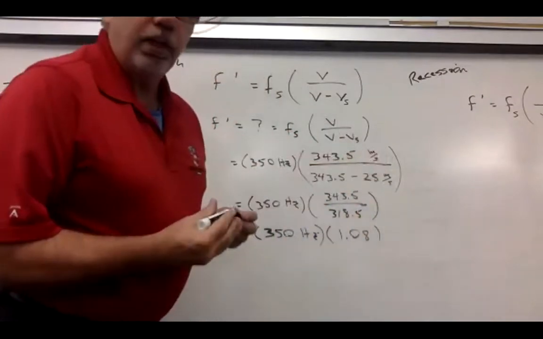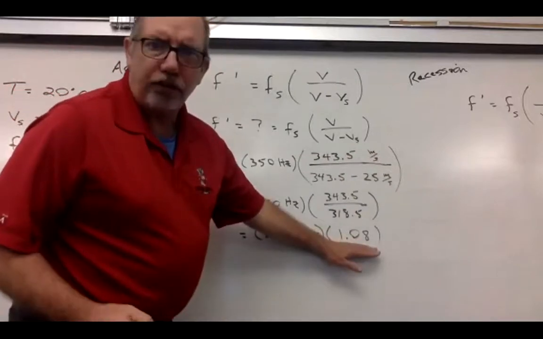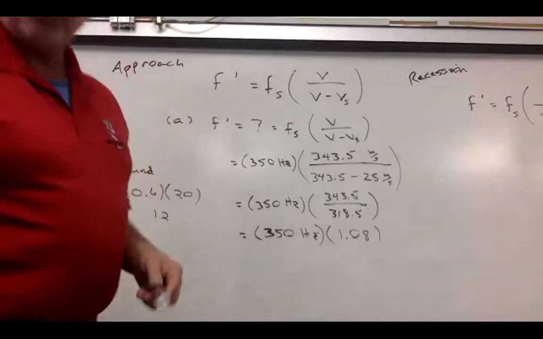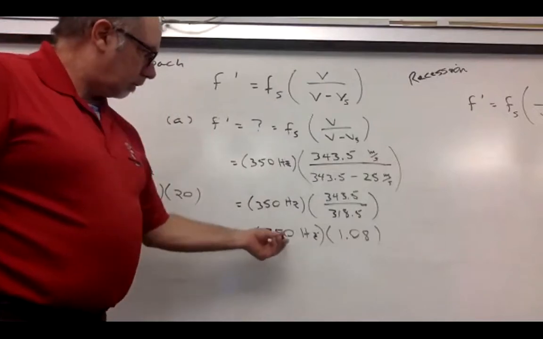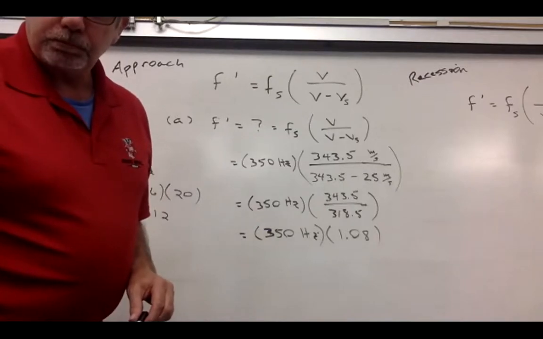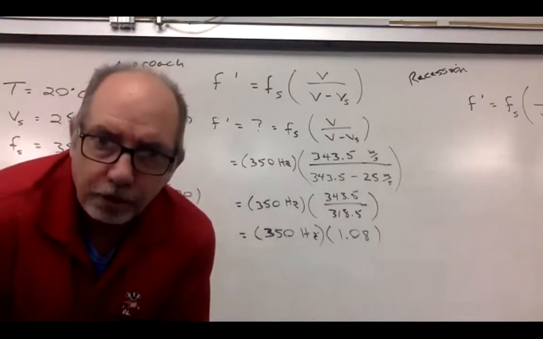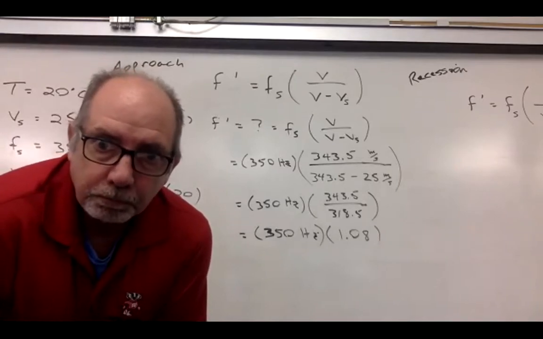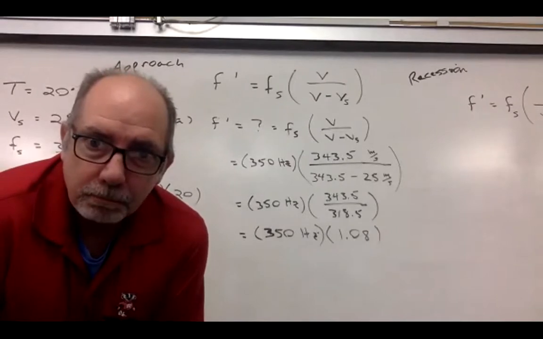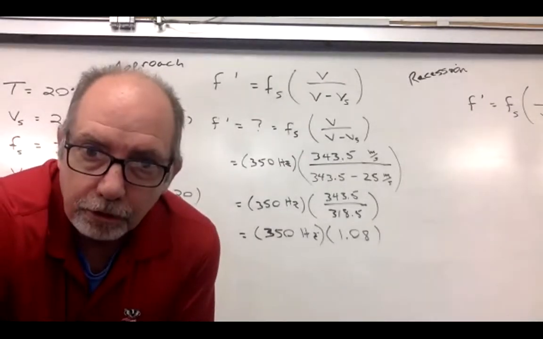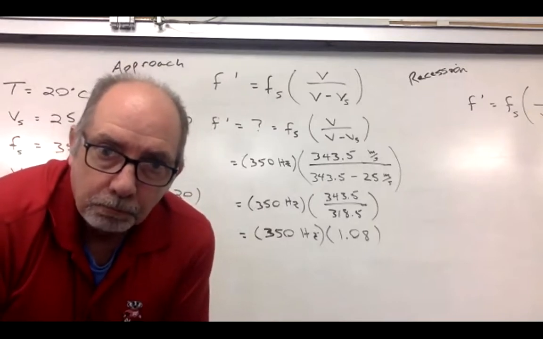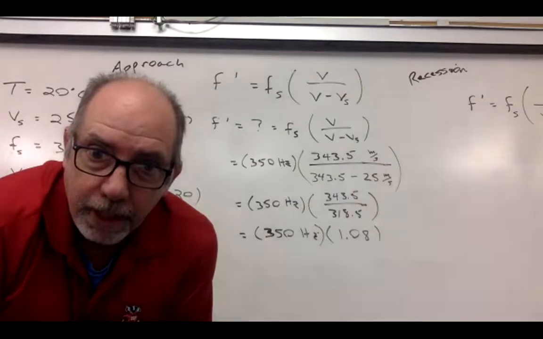Meters per second cancel themselves out. I call this the change factor. Okay. All right. Multiply by 350. What do you get? To the nearest hertz. What's 350 times 1.08? Come on, calculators. Need your help. 378.